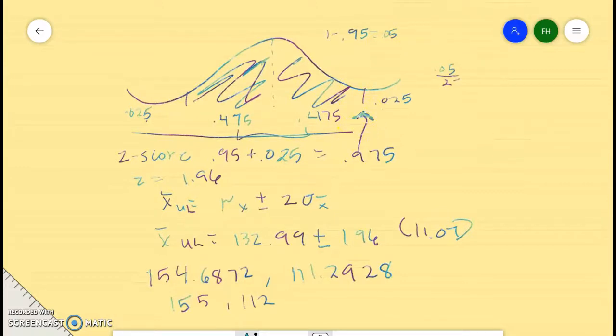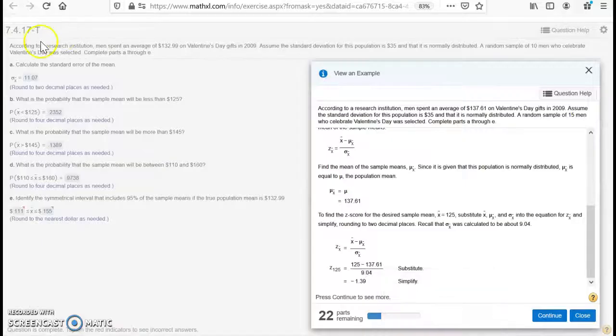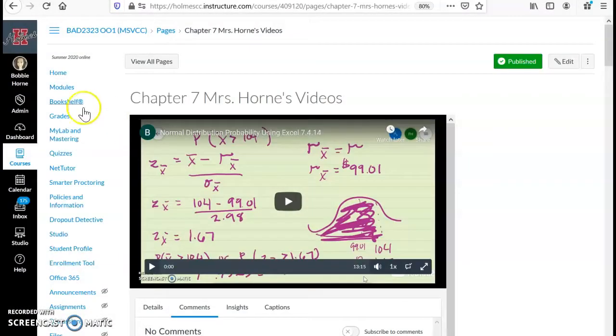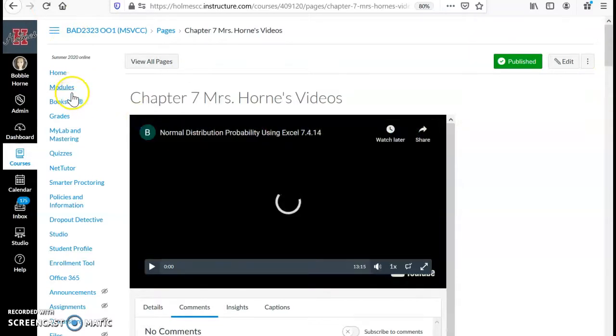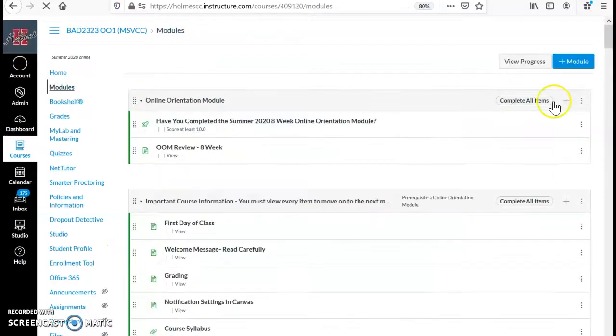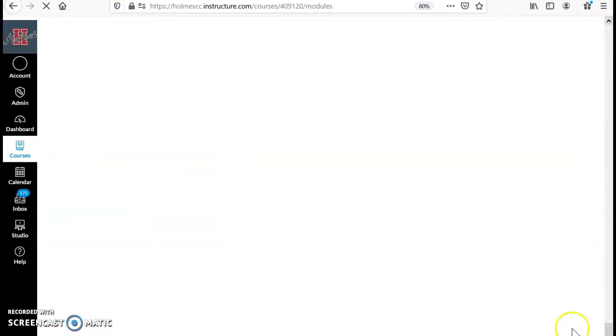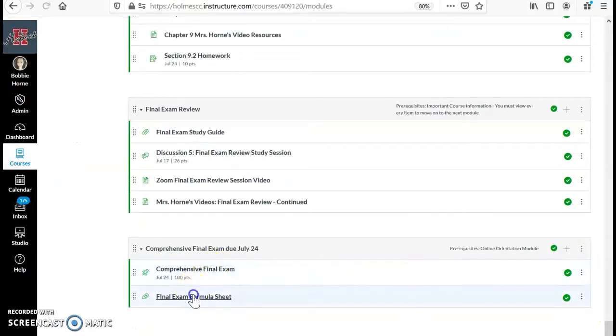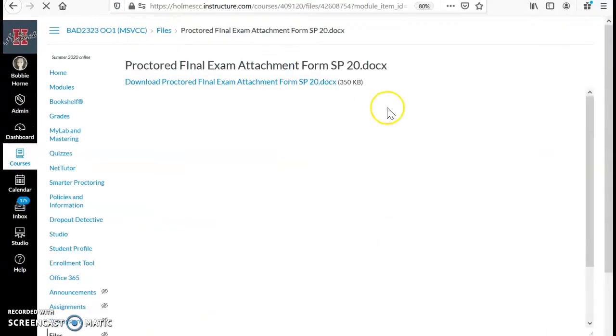Just to show you this, since it is symmetrical, if you want to know the z-score up to this point, let me show you the cheat sheet that I'm talking about. If it's a two-tail test, one place you can find it is the formula sheet for the final exam. That's kind of where I'll go.